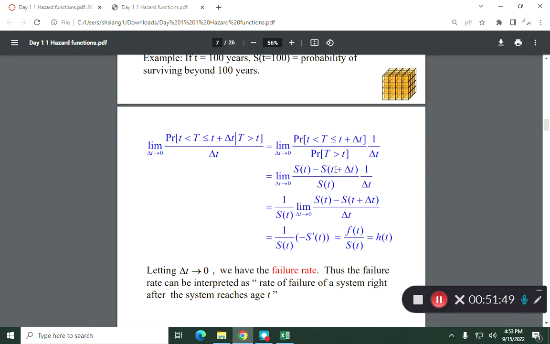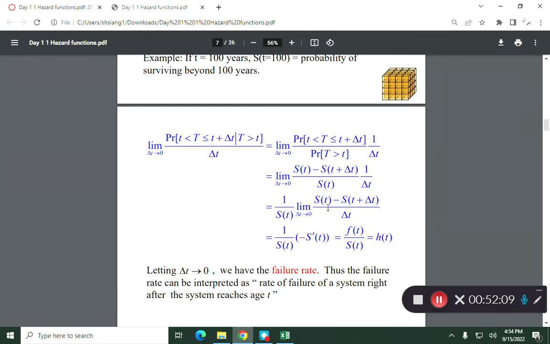Okay, so if we write it this way, we can take the S(t) out, and this becomes S(t) minus this, divided by delta t. So this is a finite difference. This is a slope, or this is almost like a speed of S(t).